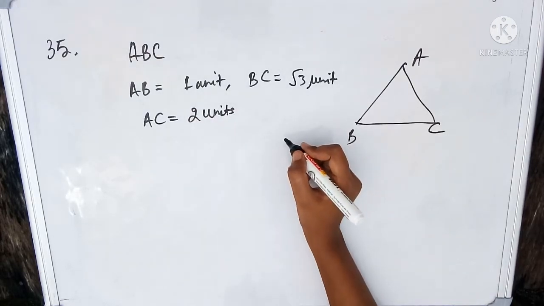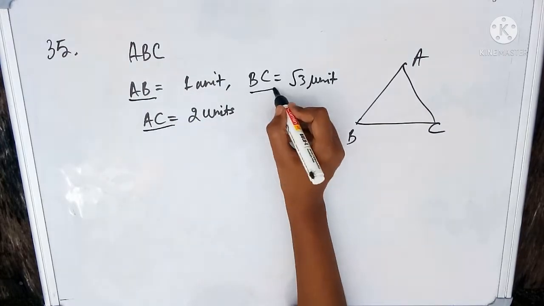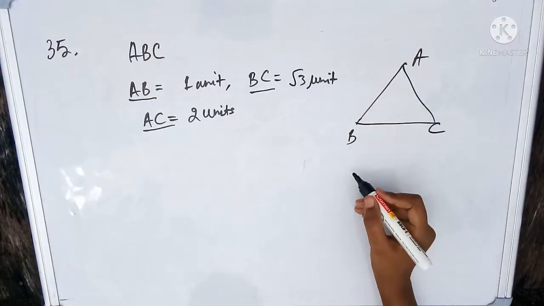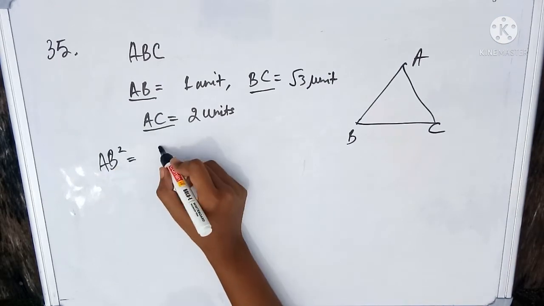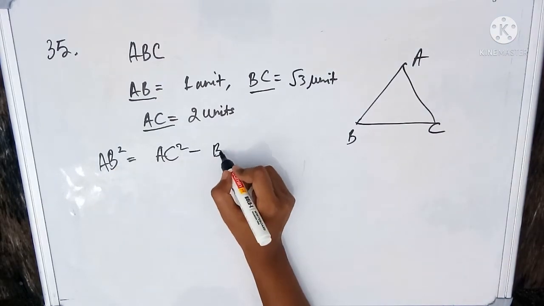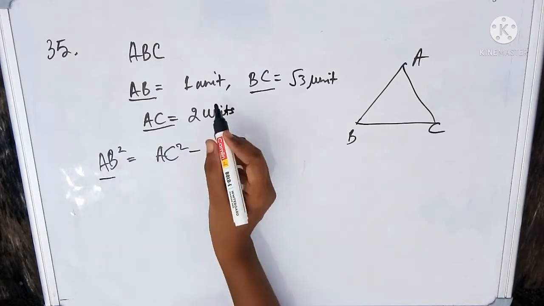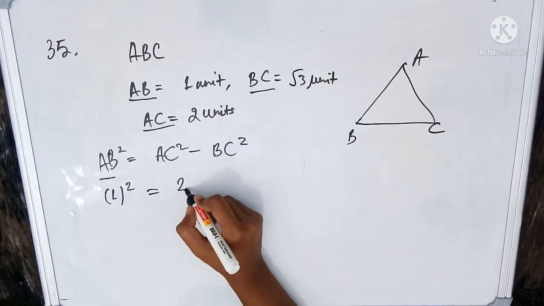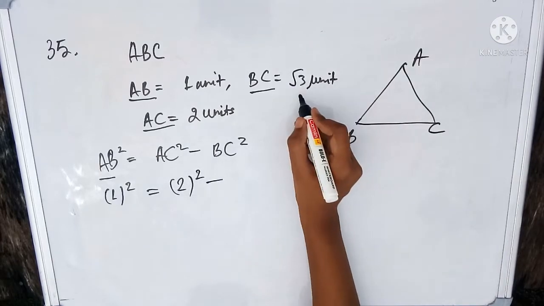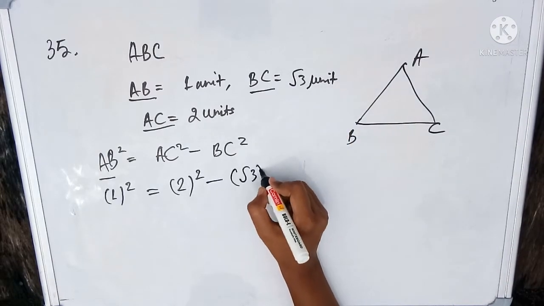Now we have to find out the relationship between these three sides of the triangle. So one relation we can make is AB square is equal to AC square minus BC square. Here we have AB as 1 unit, so 1 square is equal to AC we have 2, so 2 square minus BC we have root 3, so root 3 square.